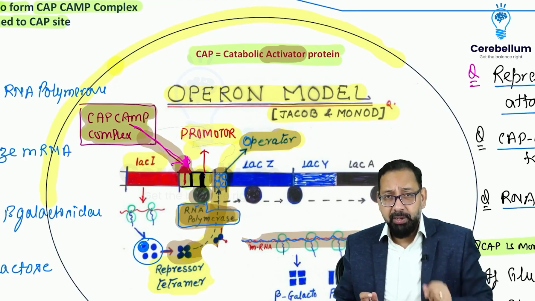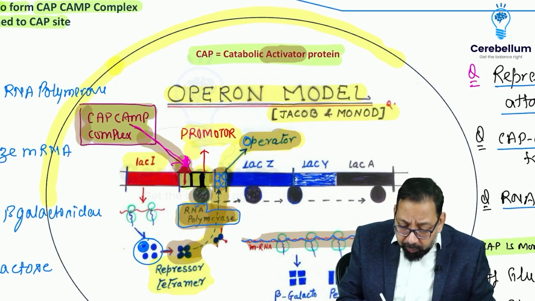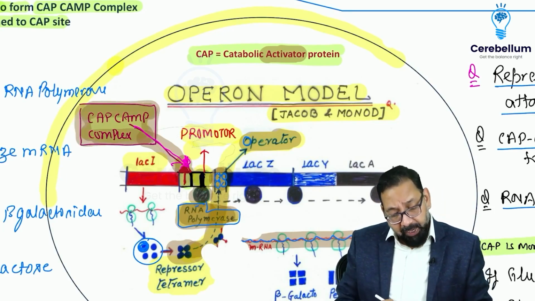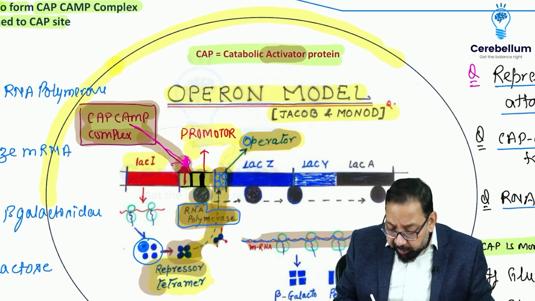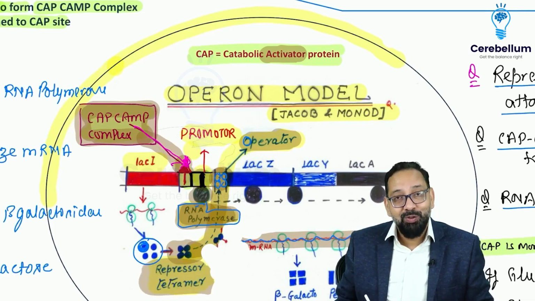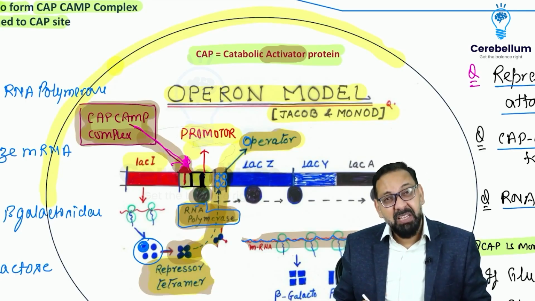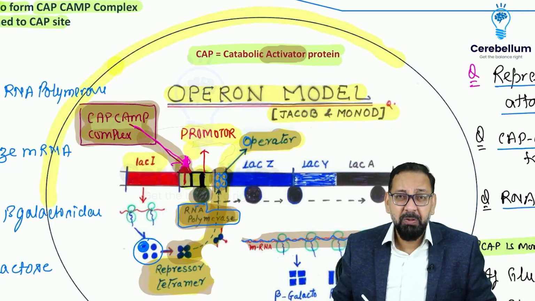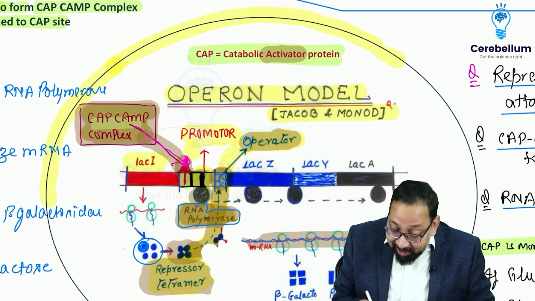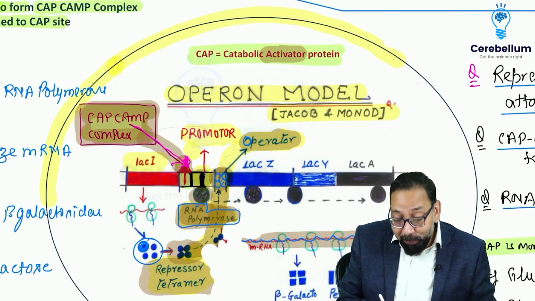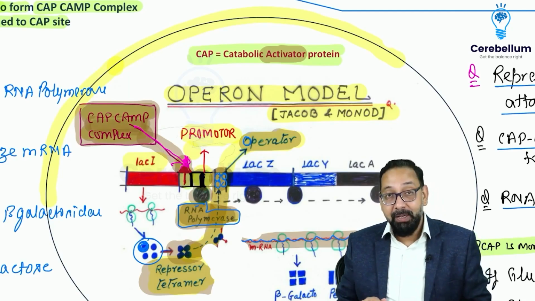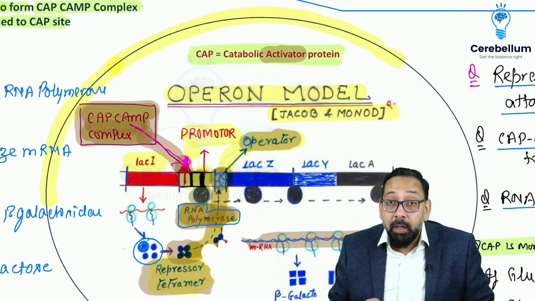Suppose you are RNA polymerase and your girlfriend is CAP-cyclic AMP complex. Your best friend is repressor tetramer. Whom will you follow? Your girlfriend is saying synthesize, your best friend is saying don't synthesize. I know, you will follow your girlfriend. Yes, this RNA polymerase will follow this CAP-cyclic AMP complex. Why?